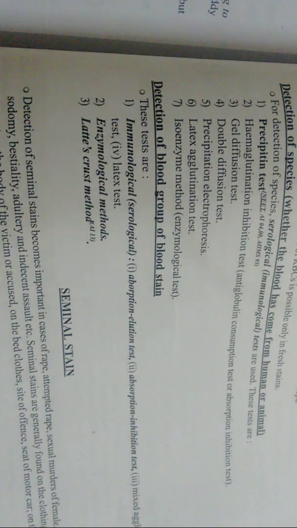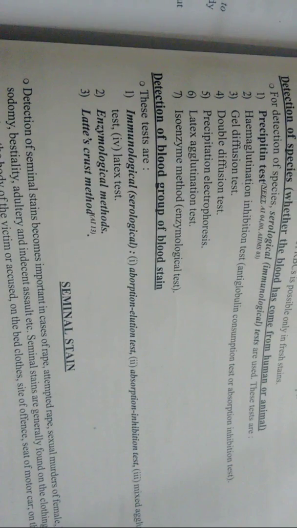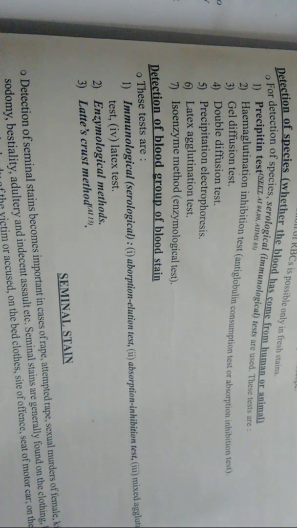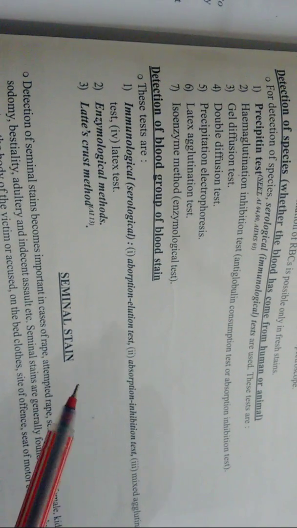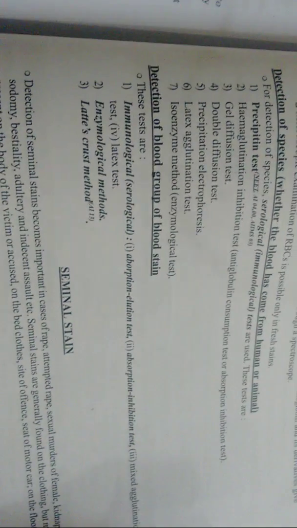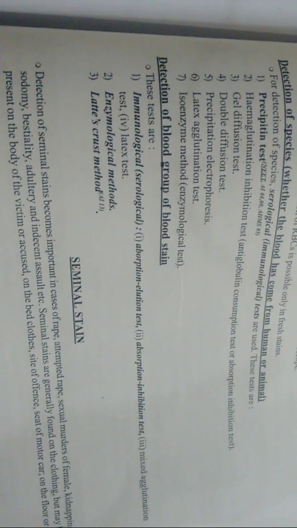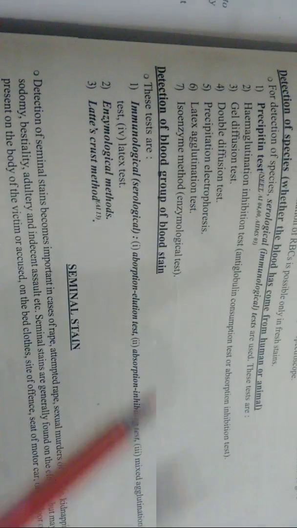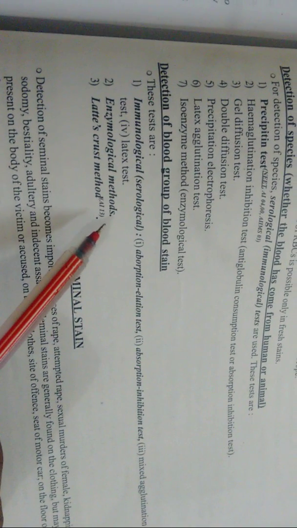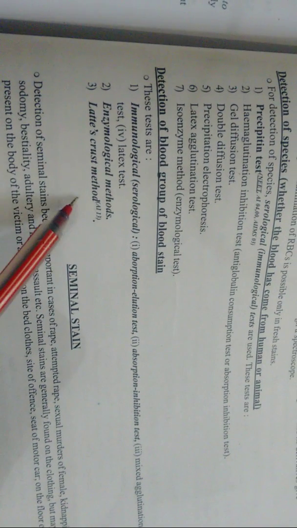You have a test known as immunological or serological test, and it can be the absorption elution test or absorption inhibition test or mixed agglutination test or latex test. And we have something known as enzymological methods and lattice crust method.